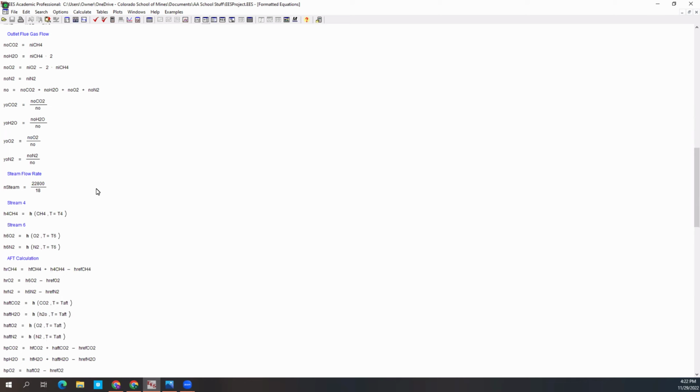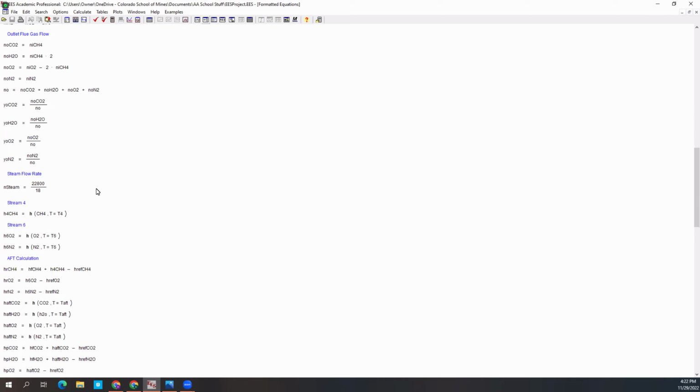So let's go back to your states. AFT is the adiabatic flame temperature, which is another state on that one, and 7 is the one after. Correct. Okay, that's fine.